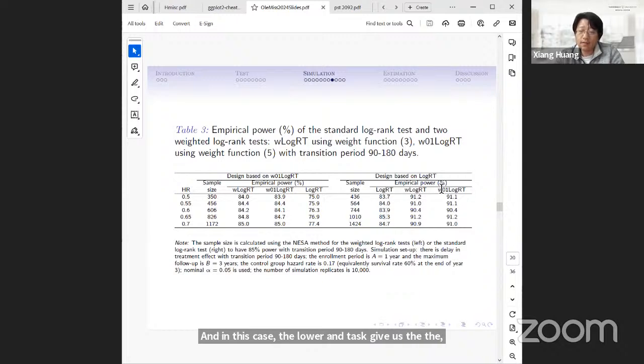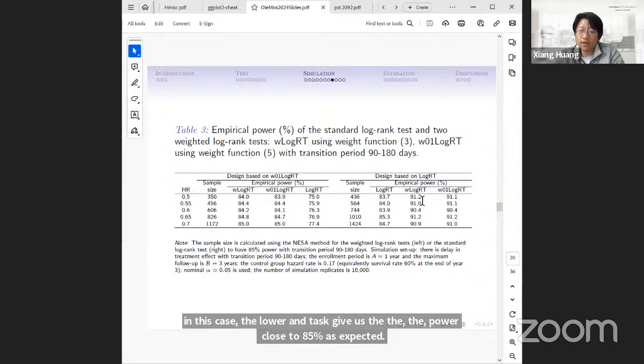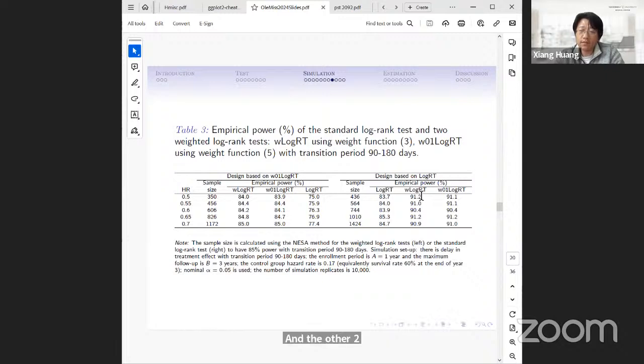And the other two give us more power because the sample size is more than they needed. Again, that shows the calculation of the sample size and even the power evaluation does work here.